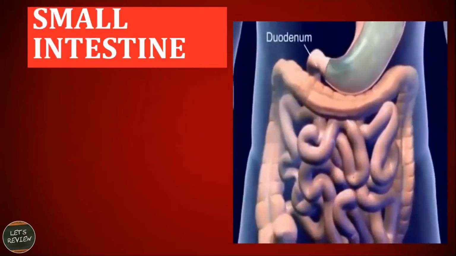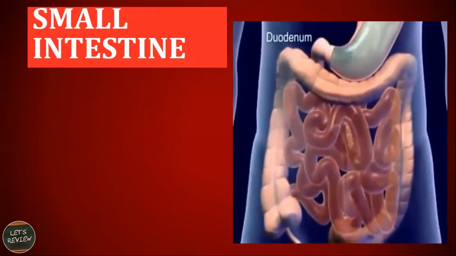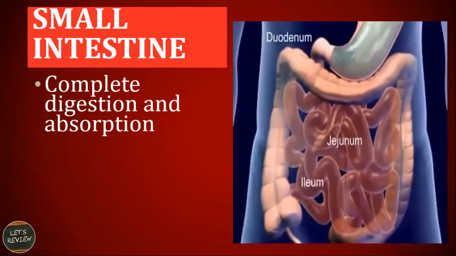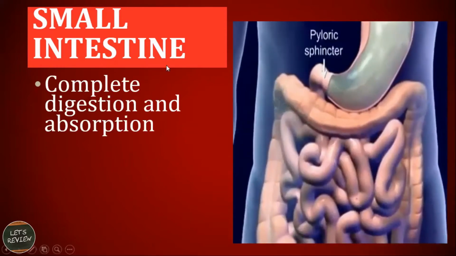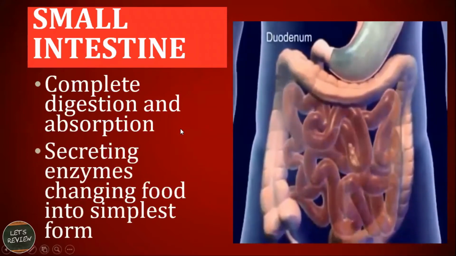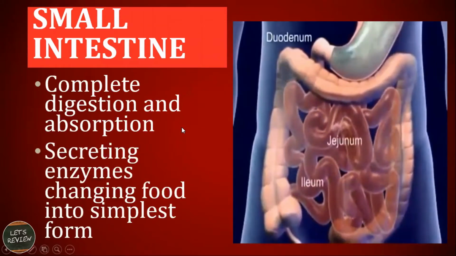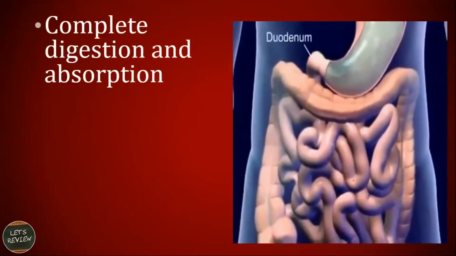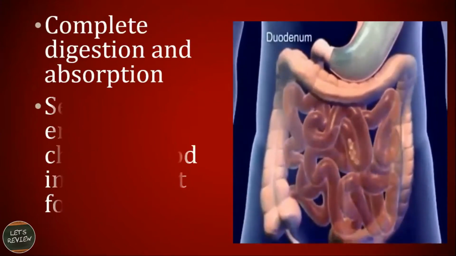The next part of the alimentary canal is called the small intestine. It completes the digestion and absorption, secreting enzymes that change food into its simplest form.